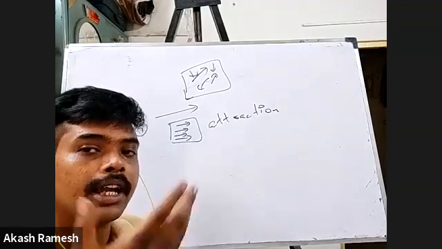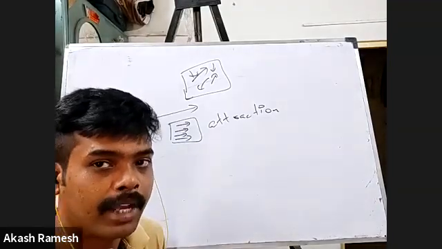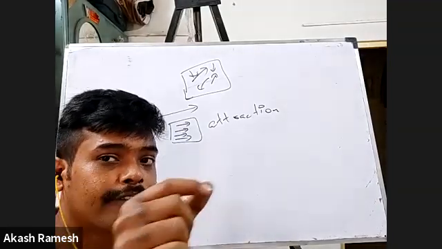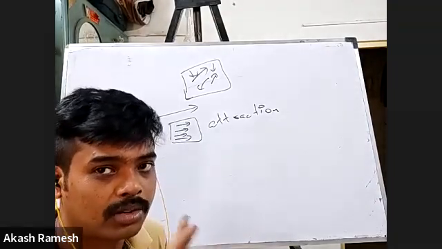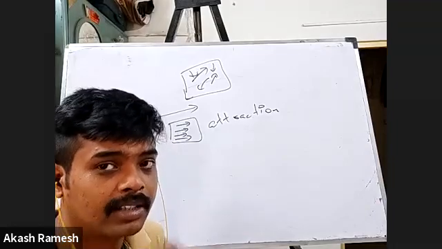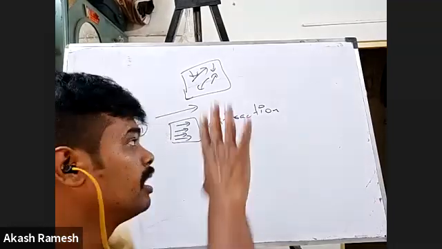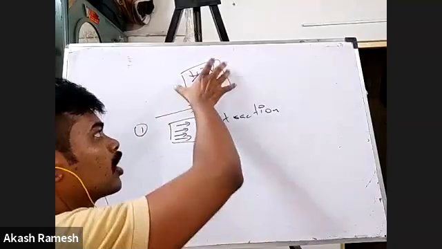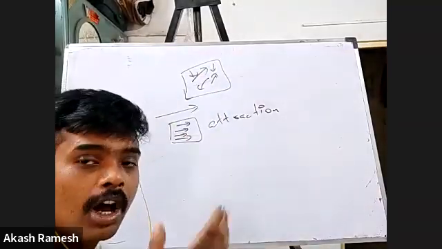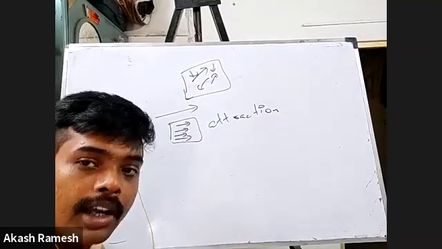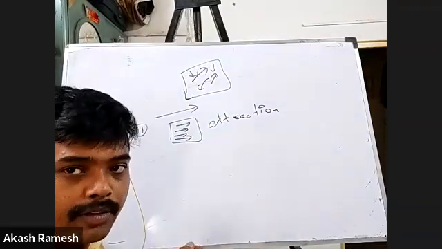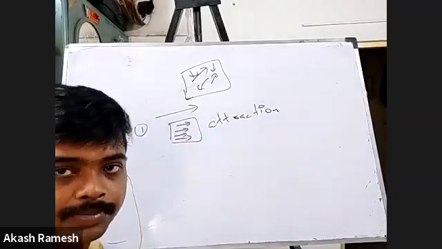If I remove the magnetic field that I'm applying, the first possibility is that after removing the magnetic field, this arrangement can go back to how it was. Or even after removing the magnetic field, they can stay as such.